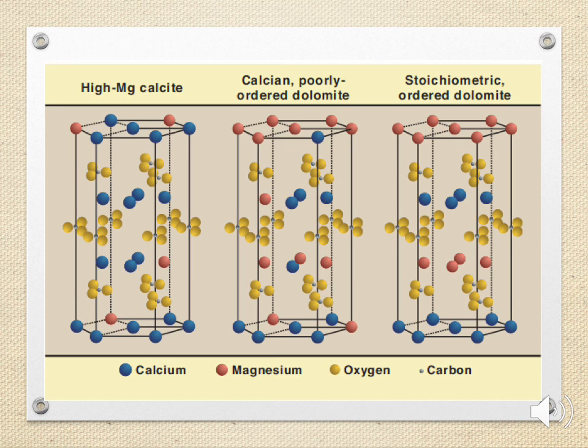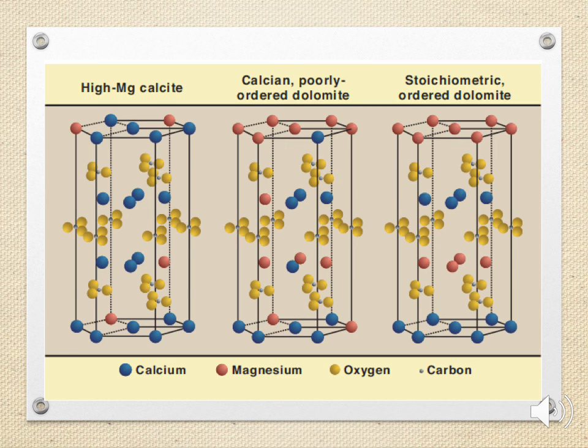And on the right, where we have the stoichiometric or fully ordered dolomite, you can see the top layer plane has been completely replaced with magnesium, so this is all magnesium. Then you have a layer that is all calcium. Then you have the alternating layer, all magnesium again, and then all calcium.